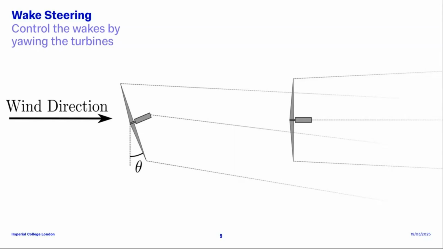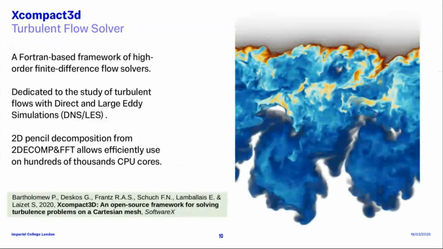And so in this work, we turn to simulation to try and simulate this, and look at the effect of different yaw configurations in a wind farm. For doing this, we use the turbulent flow solver XCompact 3D, which is a Fortran-based flow solver for studying turbulent flows.